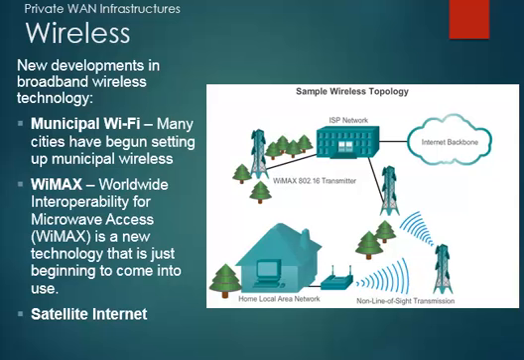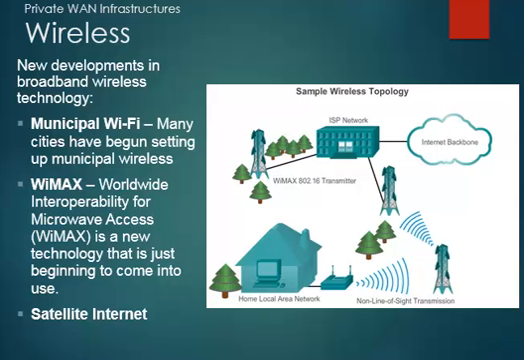To connect to municipal Wi-Fi, a subscriber typically needs a wireless modem, which provides a stronger radio and directional antenna than a conventional wireless adapter. Most service providers provide the necessary equipment for free or for a fee, much like they do with DSL or cable modems.